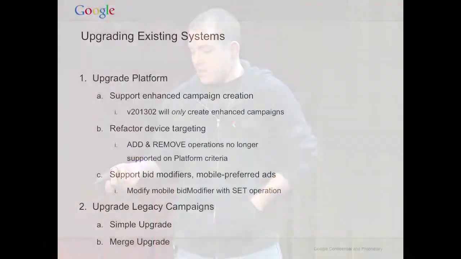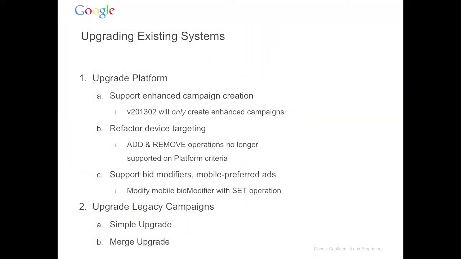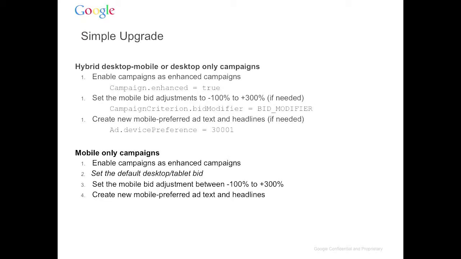And lastly, supporting the bid modifier and the mobile preferred ads. Once you have that, you're pretty much good to go for your code changes, and that leaves upgrading your legacy campaigns. There are two scenarios here: a simple upgrade and a merge upgrade. Simple upgrade is, as the name implies, relatively simple and pretty straightforward.